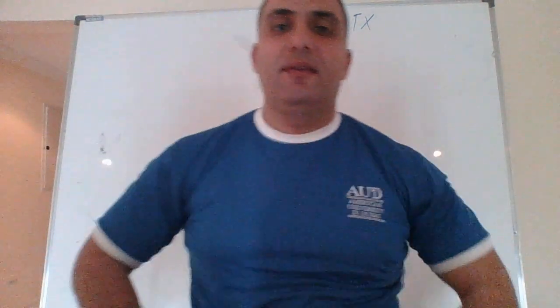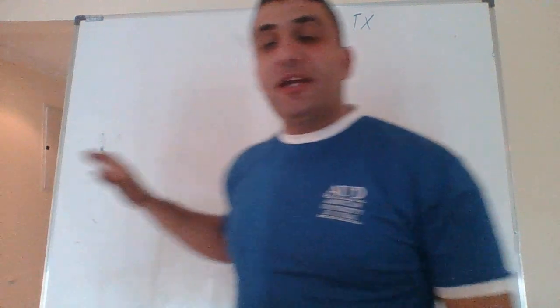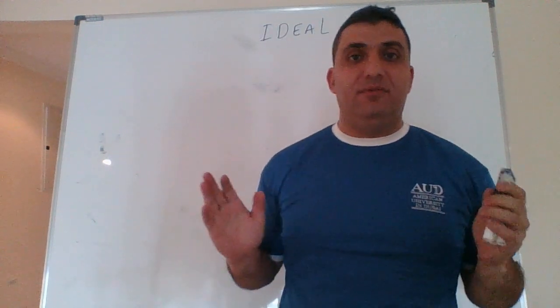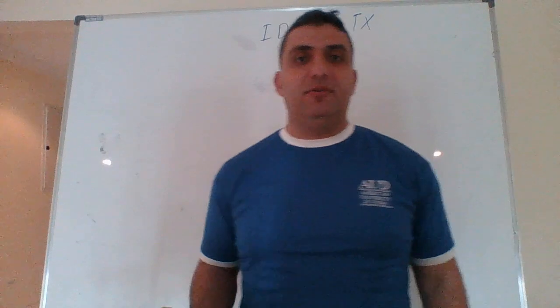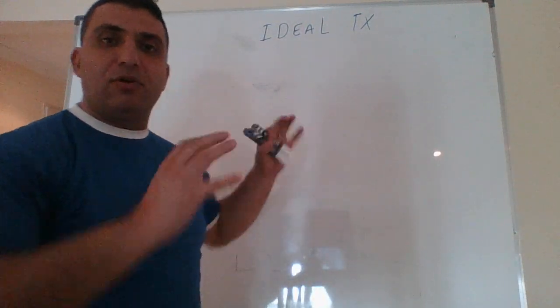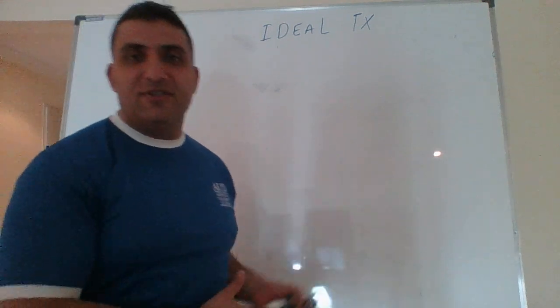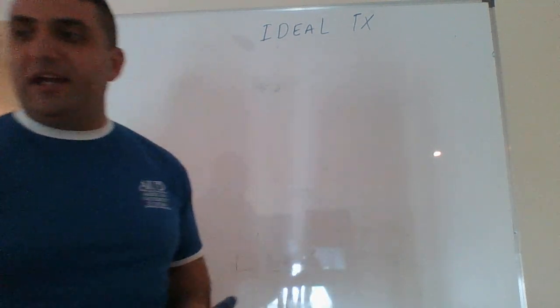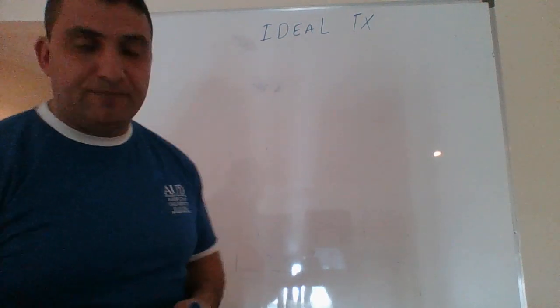Now, when I come to an ideal transformer, I want to recall what we studied in physics. I want to go back to Ampere's law and Faraday's law. Let's start with Ampere's law. What does Ampere's law state? It's the closed integral of H, the magnetic field, equal to the I enclosed by a surface.